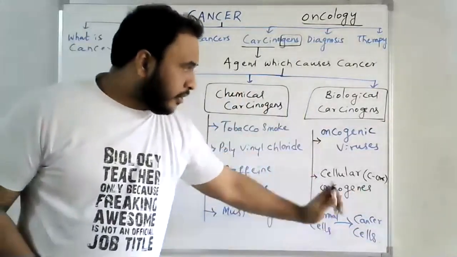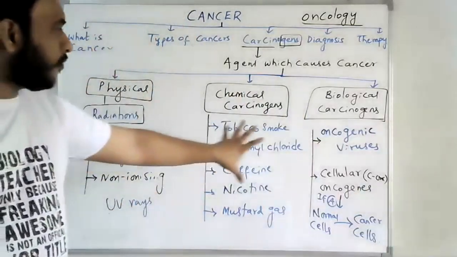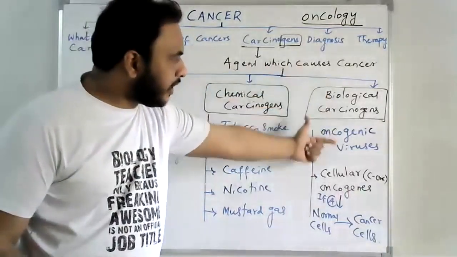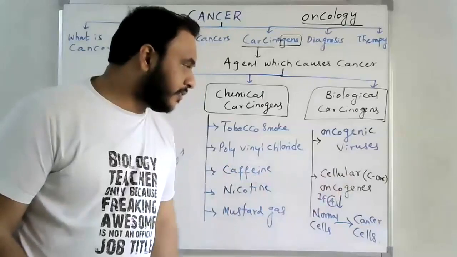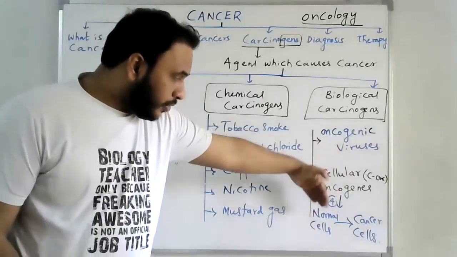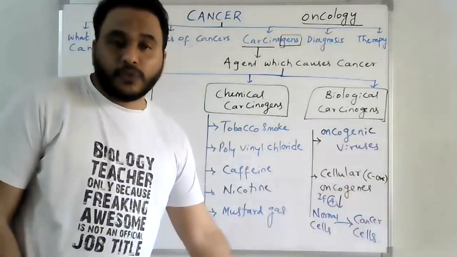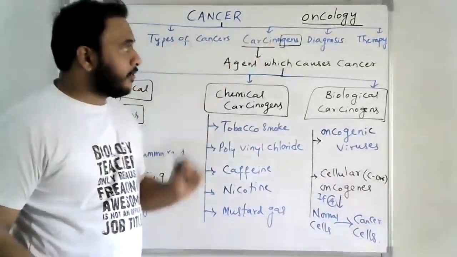So that is biological carcinogens. So totally three types of carcinogens: physical, chemical, biological. Biological includes oncogenic viruses and certain cellular oncogenes. Okay, so that is about carcinogens.